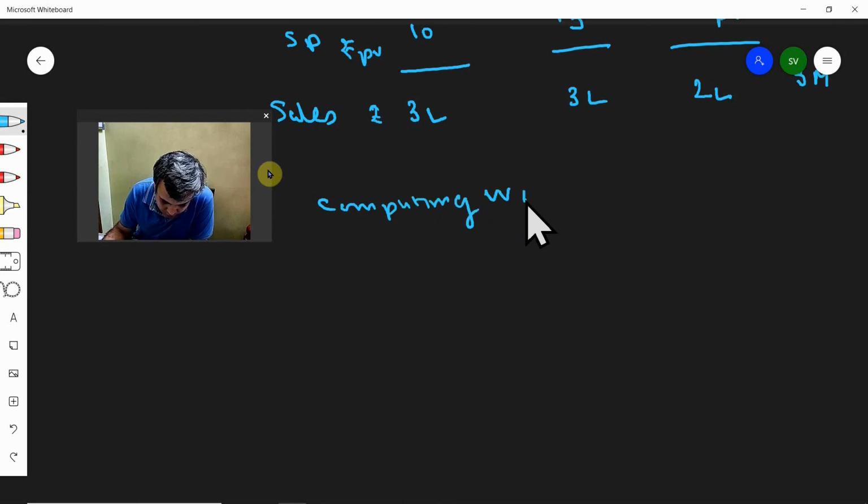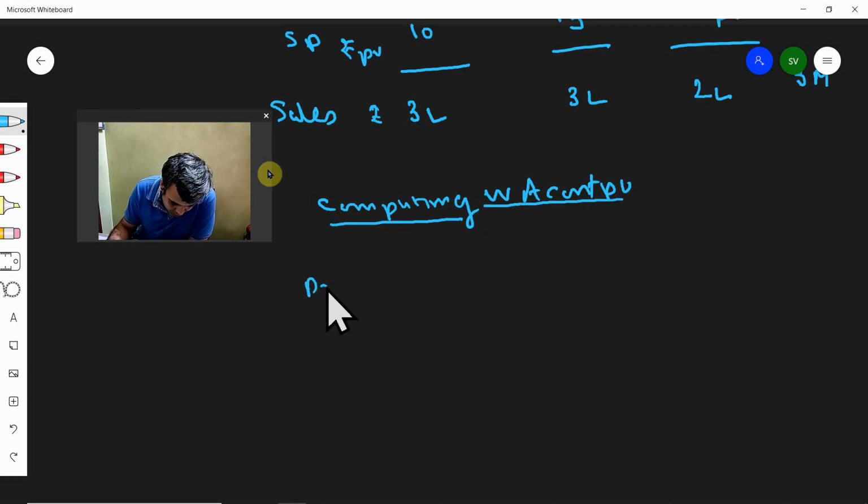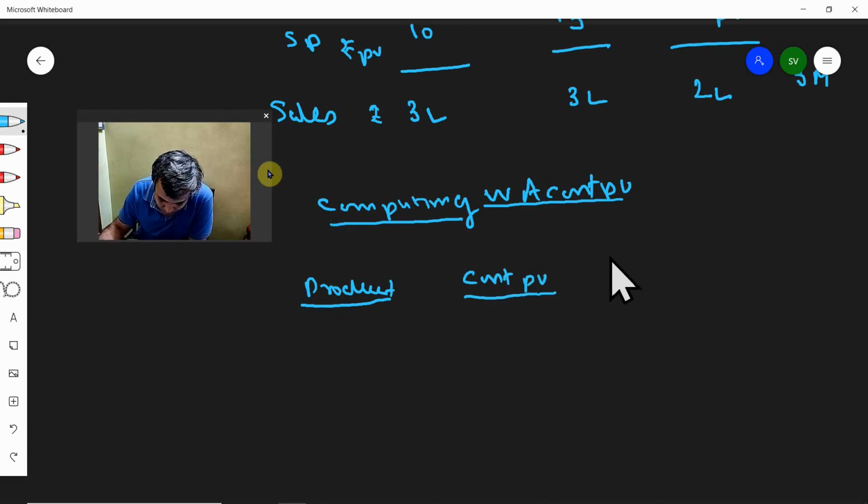Computing weighted average contribution per unit, let's go for it. First column, let's take it as product. Second column, it is contribution per unit. Third column is the product mix. Fourth column, contribution into product mix.